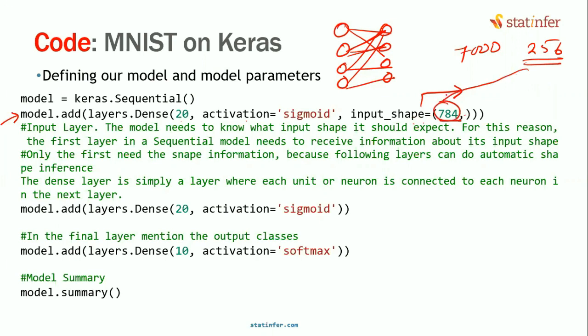That's it. Input shape is the number of nodes in the input layer: x1, x2 and so on, x256, then you mention 256; x1, x2 and so on, x784, then you mention 784 here.